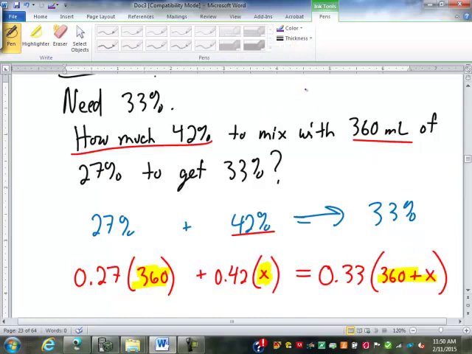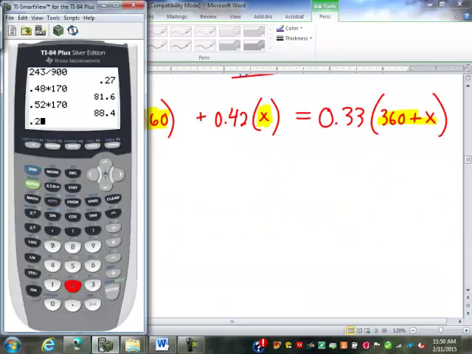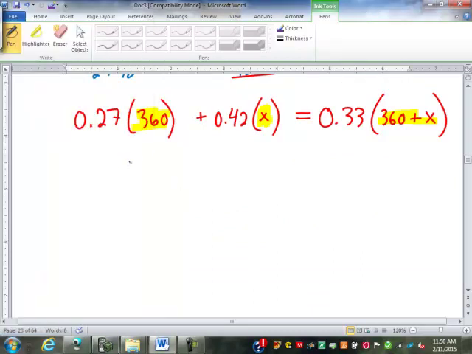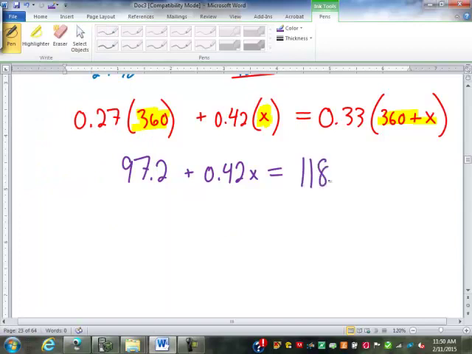Now we simplify and solve. 0.27 times 360 is 97.2 plus 0.42x. 0.33 times 360 is 118.8 plus 0.33 times x is 0.33x.